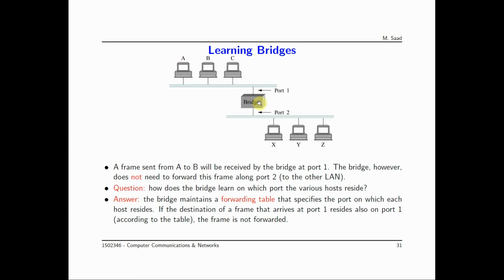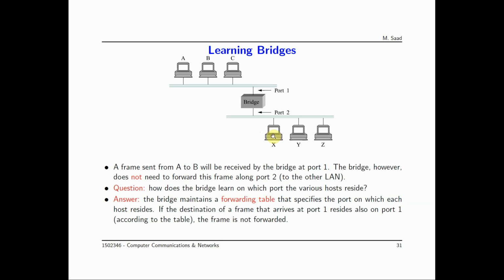Again, the bridge will check the destination address of the frame it receives. So the frame that comes in from port 1, the bridge will check the frame header, and it will check the destination MAC address. And from that, it will find out that the destination is X. Right?